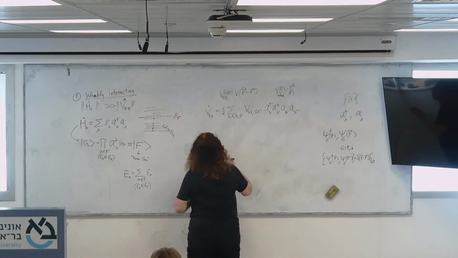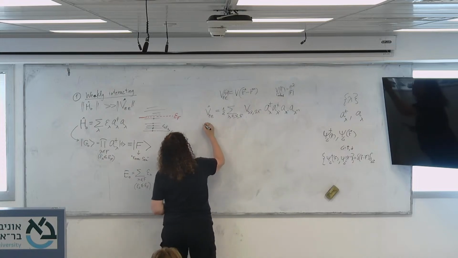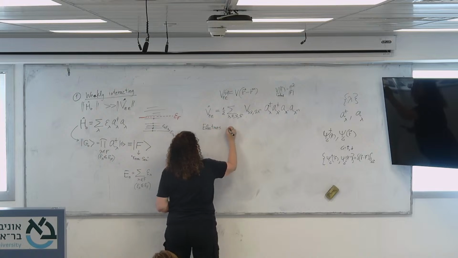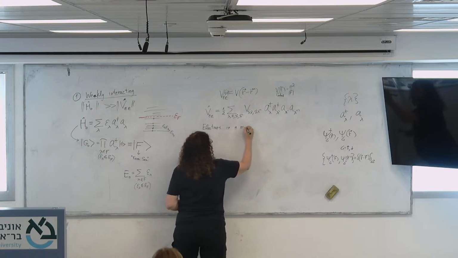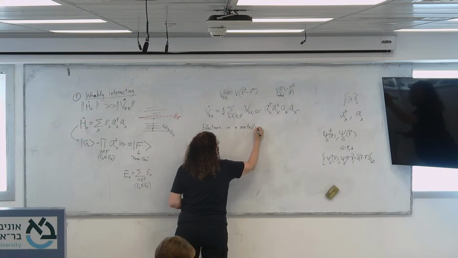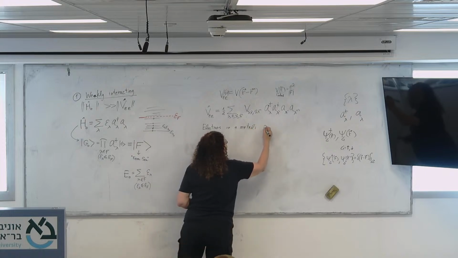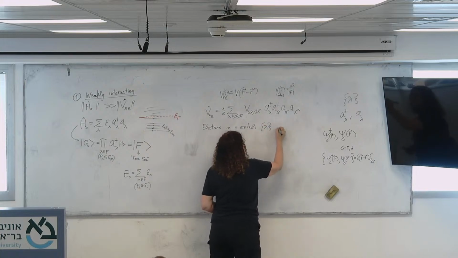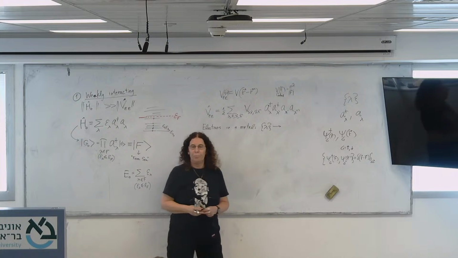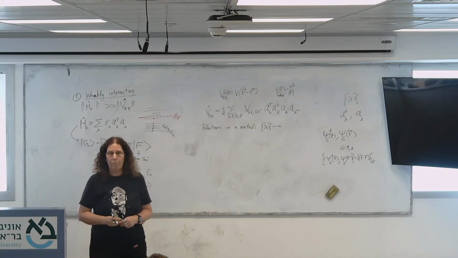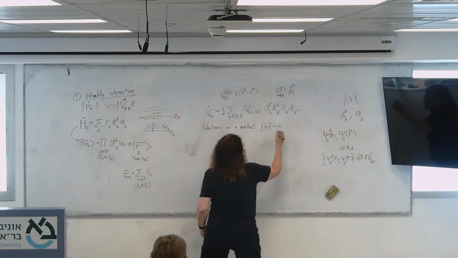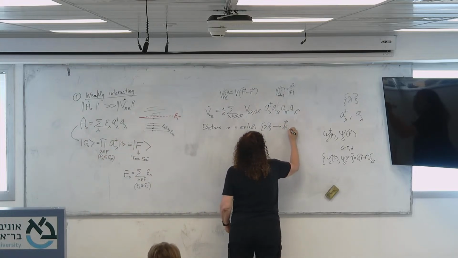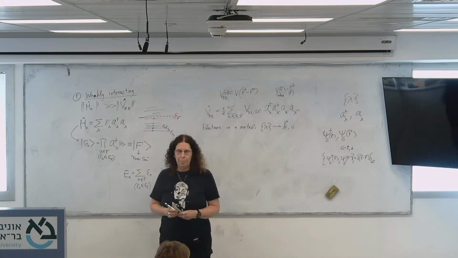So what are the quantum numbers lambda? The good quantum numbers. They are the wave vector, right? And of course, sigma, the spin.